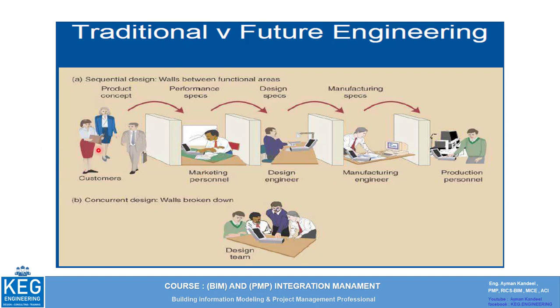So if the subject goes from one to the next, it will lose some information in the transfer from the customers to marketing, and from marketing to design engineering, manufacturing, and production. Each stage of this isolated environment causes some loss of information.